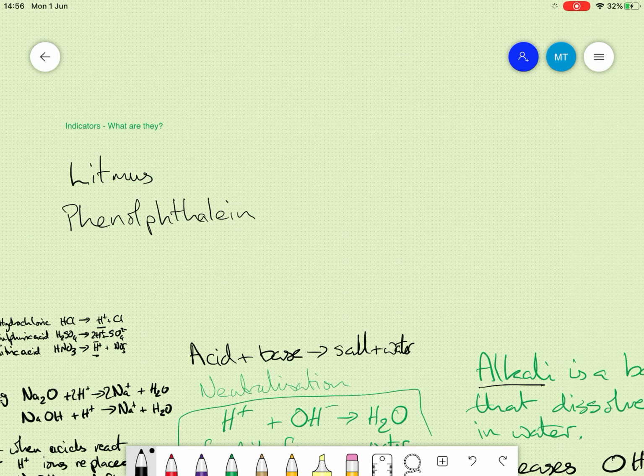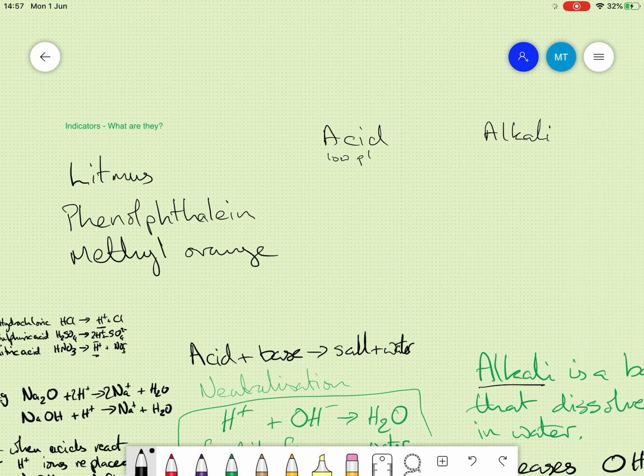And we need to know methyl orange. We need to know what colour they're going to be in acid and in alkali. So in low pH and in high pH.